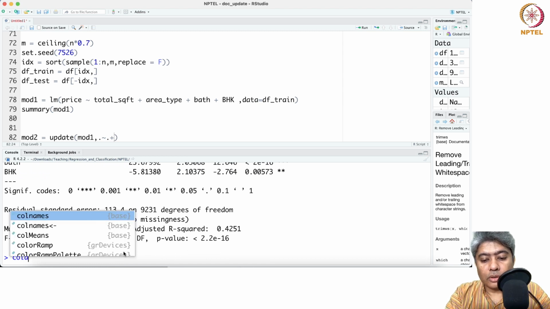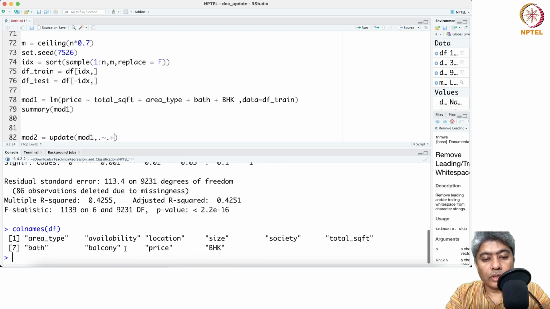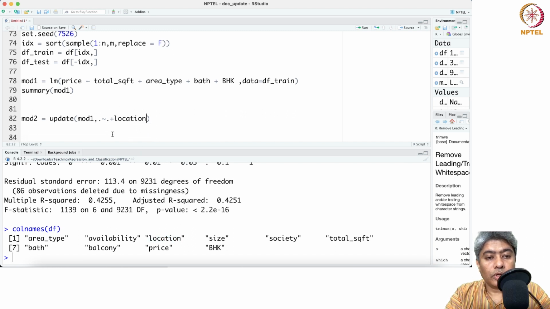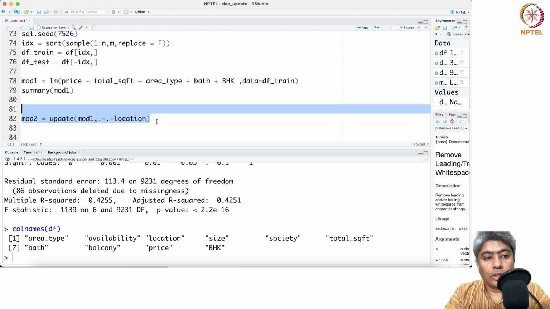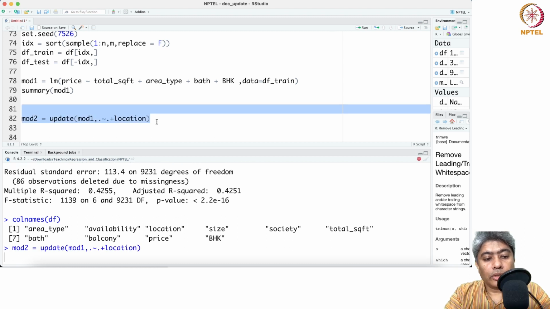So what are the column names of df? So this is location. You just put location and it should work.